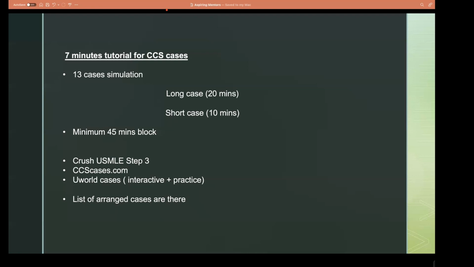30 days, I will say. I did 20 questions of biostat daily in my last month. Why am I saying 20 questions? Because my biostat was weak. And along with that, I was doing 2 blocks of UWorld daily to train my mind.